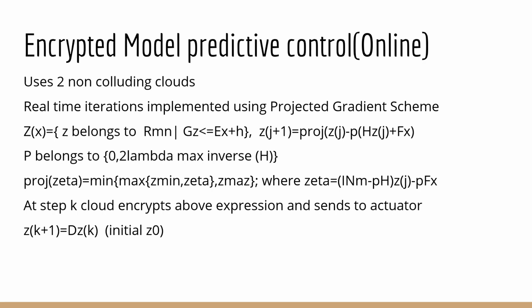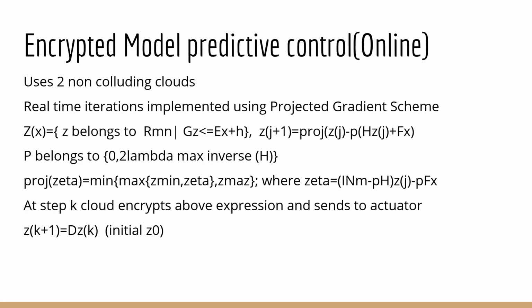While offloading the optimization to the cloud, we can use two non-colluding clouds, wherein each cloud has partial information and they don't collaborate, and both run the MPC protocol, and no one cloud can fully reconstruct the input.